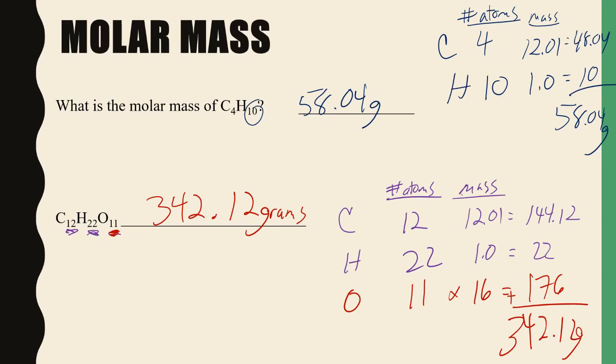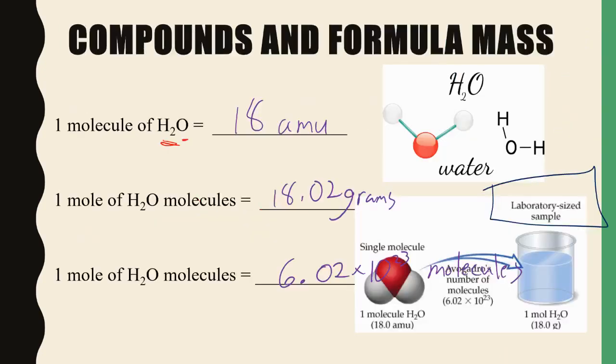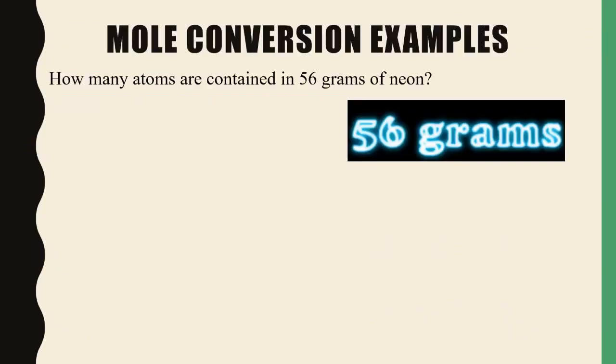All right. So this is kind of easy, I would hope. Remember, when there's parentheses, we distribute, right? So this is a distribution of this 3. So it's 3 times 4 and 3 times the 1 on sulfur. So iron, number of atoms is 2. And each iron weighs 55.54.